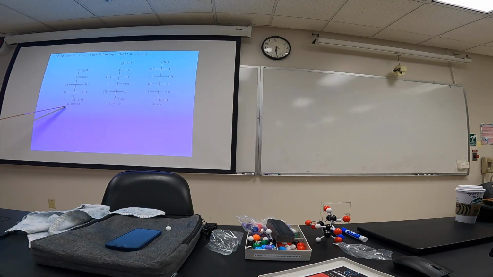So this is ketopentose. Is ribulose the D or L isomer? What is it? D. Because here's the last carbon, here's the second to last carbon right here, and the hydroxide group is on the right, so this is D.